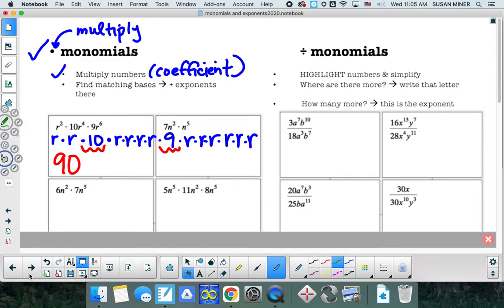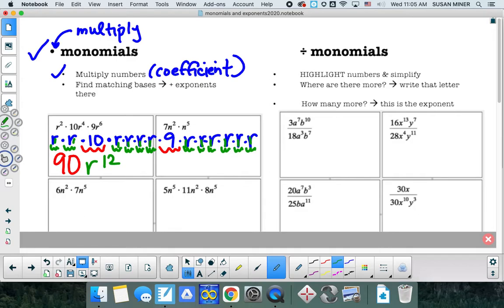So in all of these, if I'm multiplying all these r's together, really, in order to simplify this, I just want to know how many of these r's did I multiply together. 1, 2, 3, 4, 5, 6, 7, 8, 9, 10, 11, 12. I can rewrite it with an exponent.